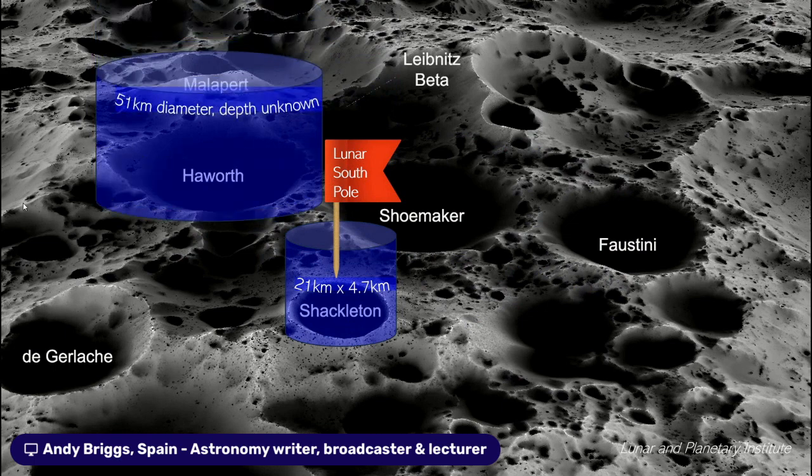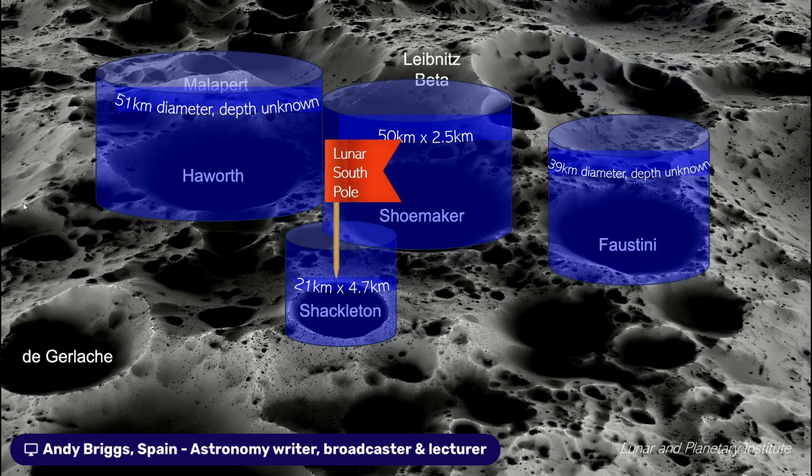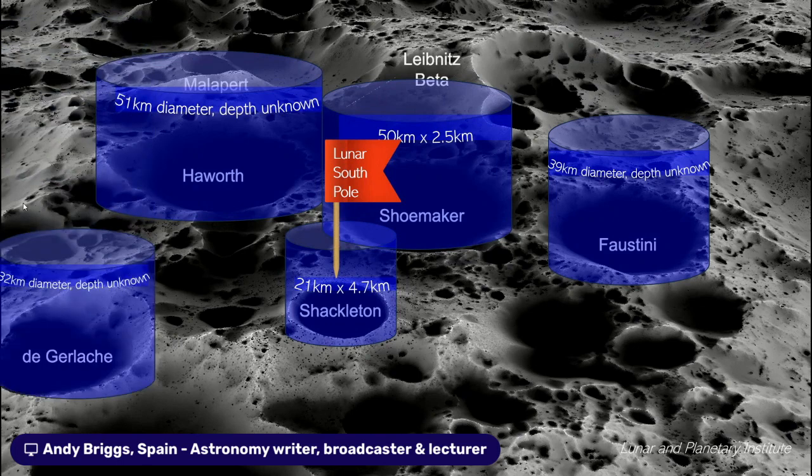We've got Hayworth, for example, 51 kilometers, its depth unknown. We've got Shoemaker, named after, of course, the famous scientist Eugene Shoemaker, 50 kilometers wide by 2.5 kilometers deep. Faustini, 39 kilometers wide, depth unknown. De Gerlache, 32 kilometers wide and depth unknown.